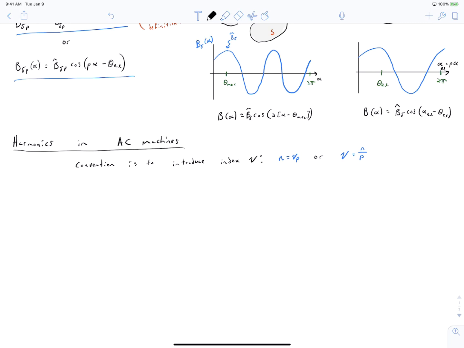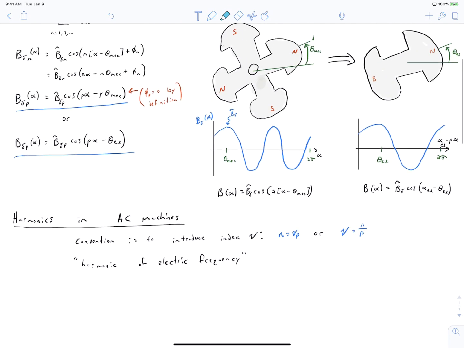And so the convention in electric machines is to redefine the harmonic index as a multiple of our number of pole pairs. So that is to say that it's a harmonic of the electric frequency. And you can see that that's how we've written this out here. We've defined this variable v, which is equal to our true harmonic index of our Fourier series divided by the number of pole pairs we have.